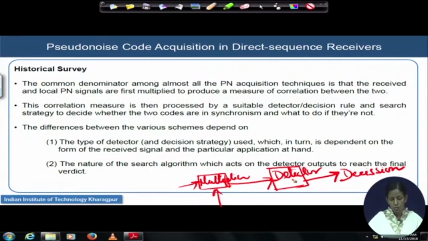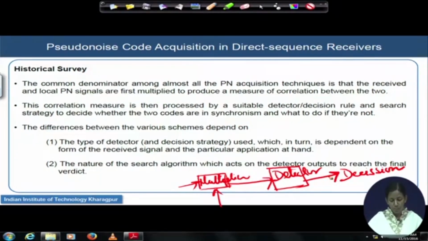Based on this correlation measure and, in most cases, on a threshold-based decision rule, we find out how big the correlation difference is between the two signals, whether it is too high or too low, and what to do next with it. Hence the strategy comes into the picture: how to devise the algorithm based on this decision output.